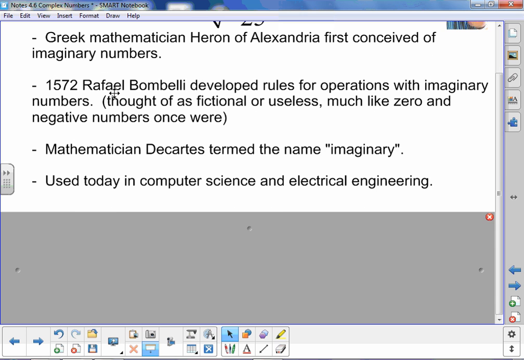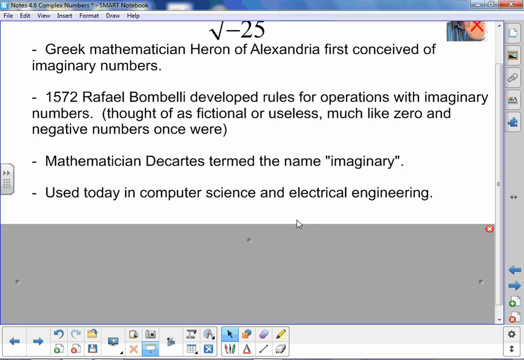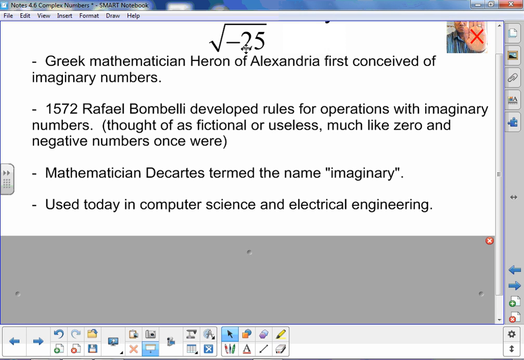It turns out the types of equations that end up with square roots of negatives come up when you start trying to do math with electrical things dealing with electricity. Computer science, electrical engineering, those things actually end up with equations where you take square roots of negatives. So these two basically started thinking about stuff that had no application at the time.